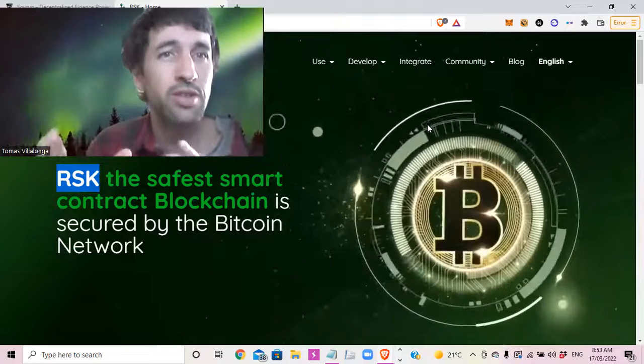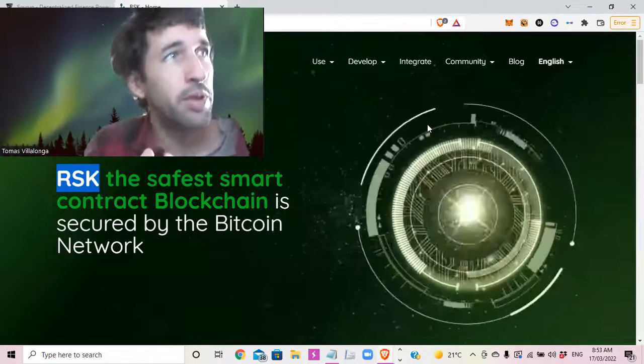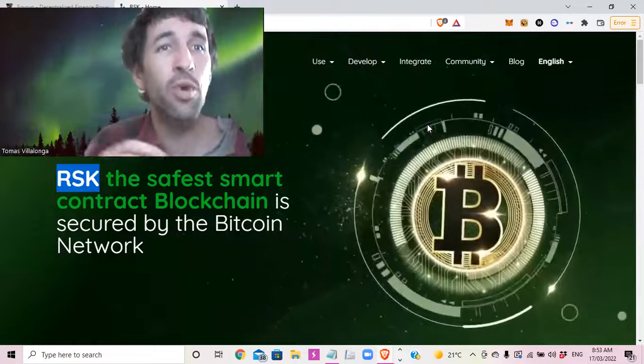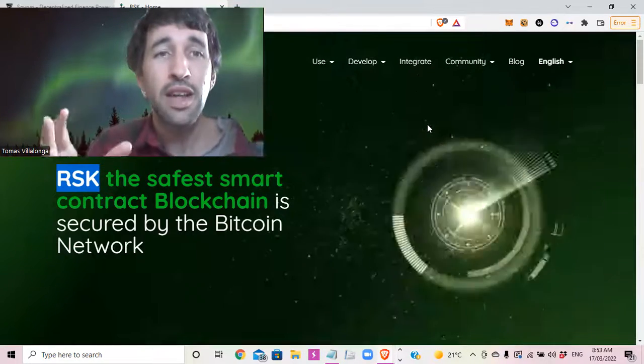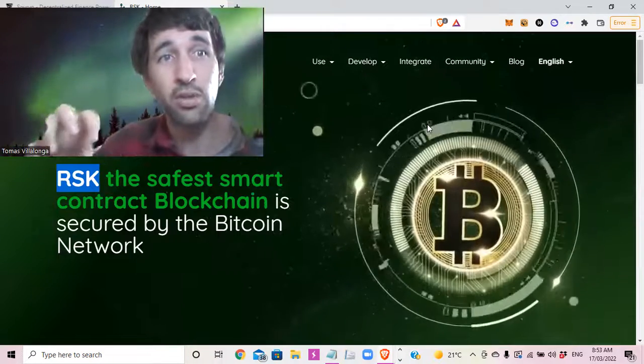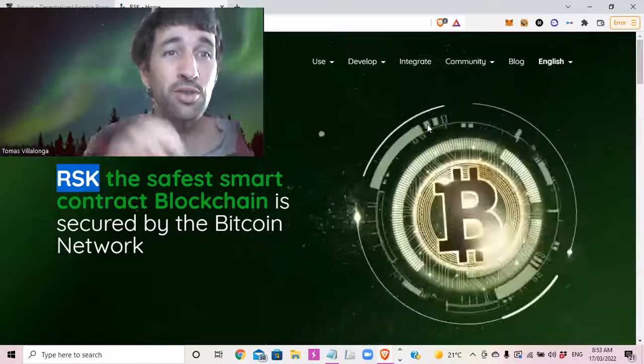We're still very early, so it's all still very experimental, but we can start to get a clear picture of what works and what doesn't. And the people working in RSK now, they're taking all the code that worked and they're starting to apply it to RSK.